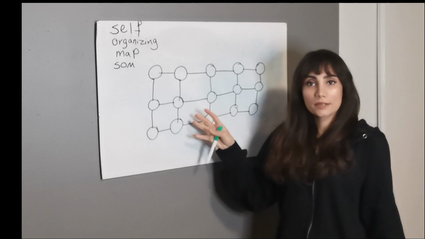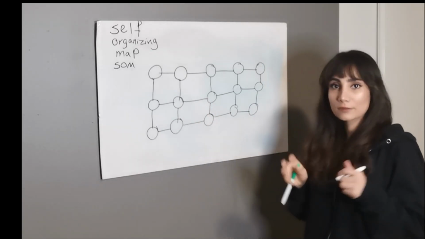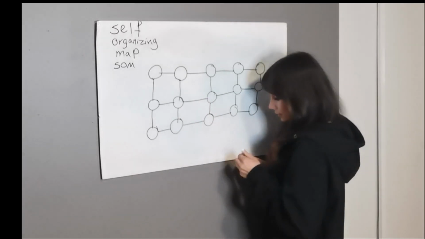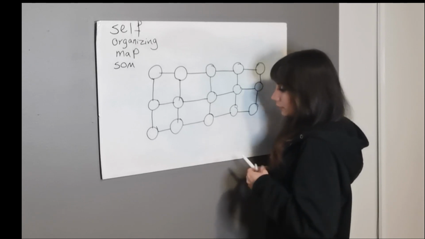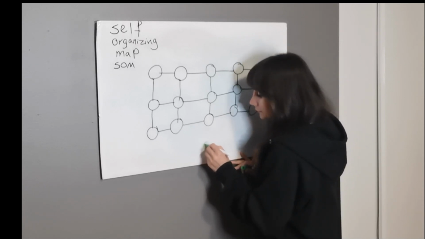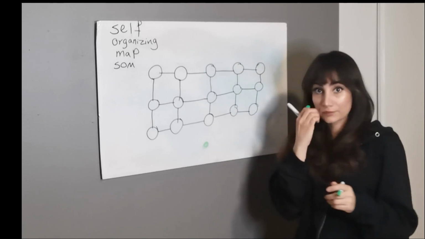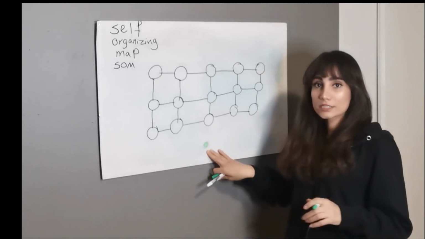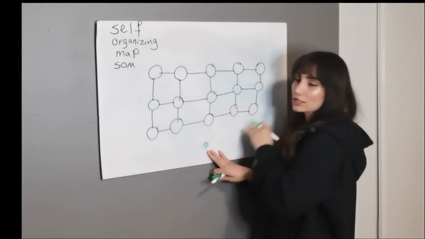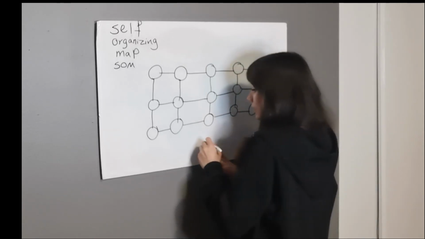And each one of these, for example, if you have a data point here, so imagine this is a data point. And then this data point is going to be connected to each one of these neurons.